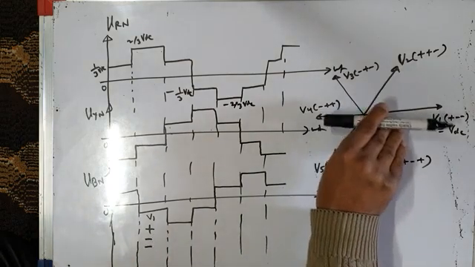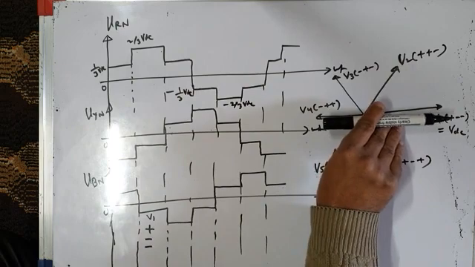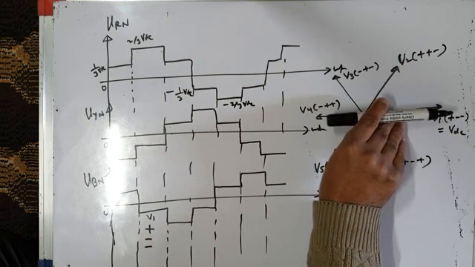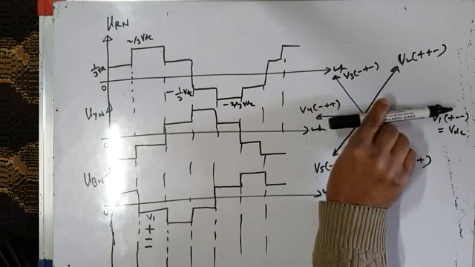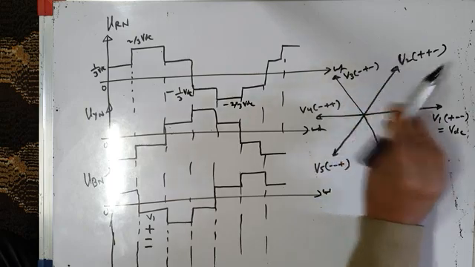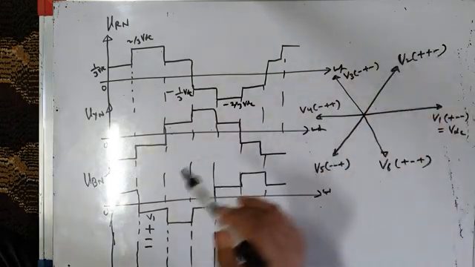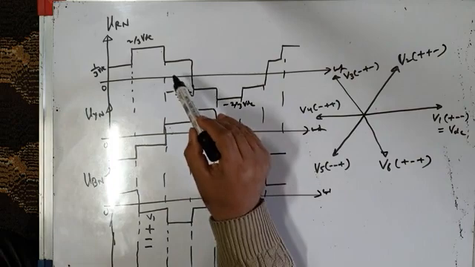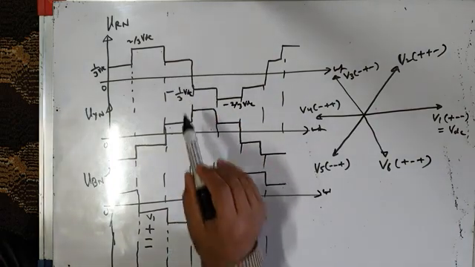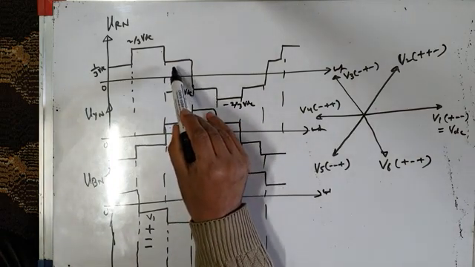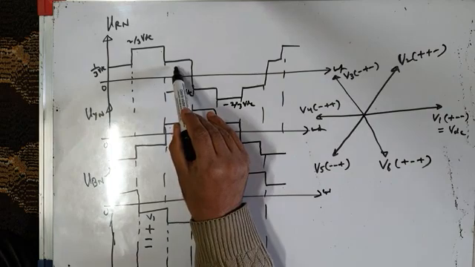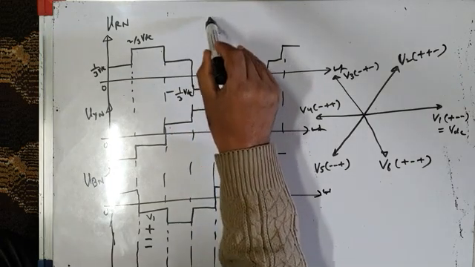After the 60-degree interval, as we saw a little while ago, my space vector jumps from V1 to V2 and my switching state is now plus plus minus. Now let us see whether it is so. This is my switching state after 60 degrees. Phase voltage VRN is positive, so the R leg is plus.